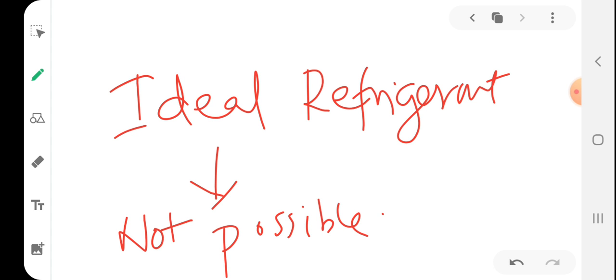We try to select a refrigerant which has a low global warming potential, low ozone depletion potential, low flammability, and low boiling point, low freezing point. All these properties should be taken care of, and the refrigerant should be selected accordingly. Okay.